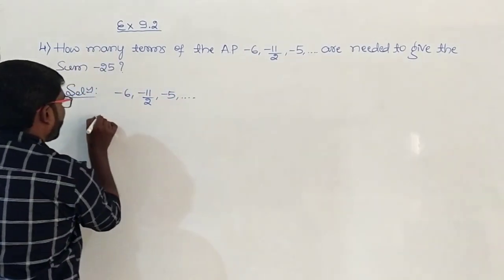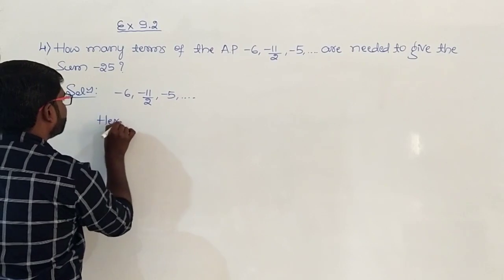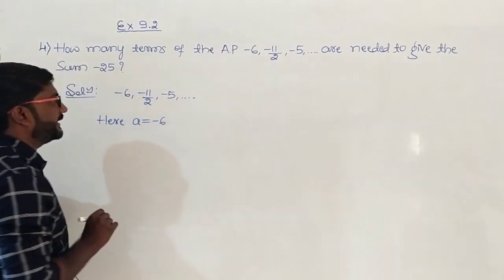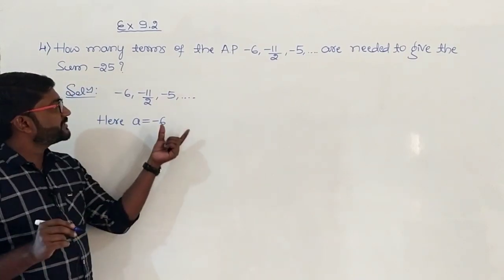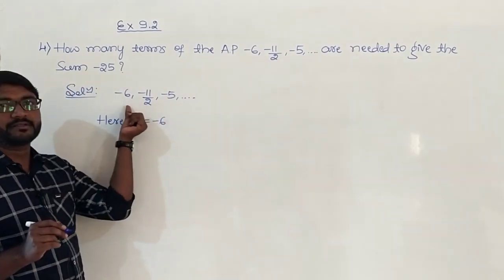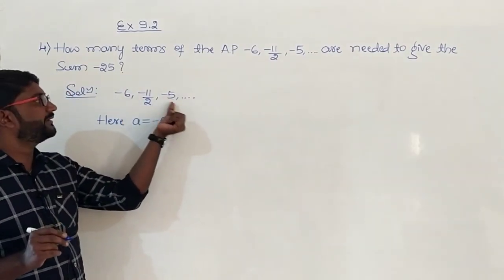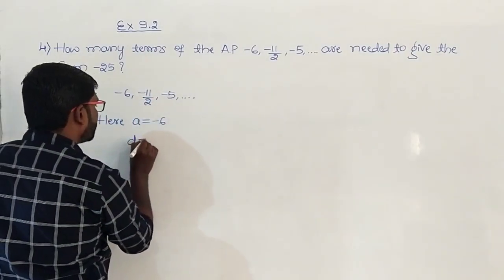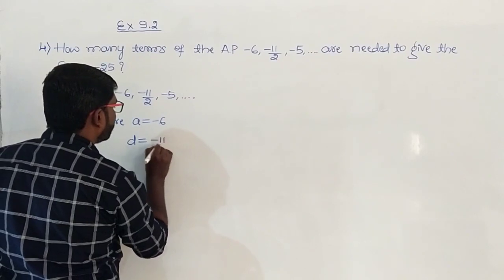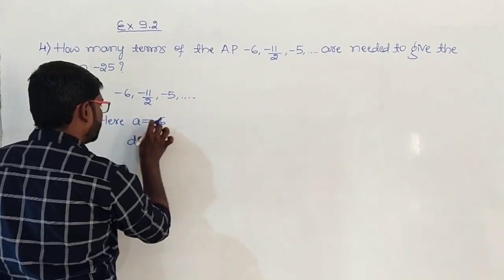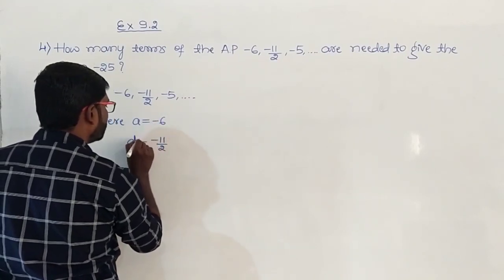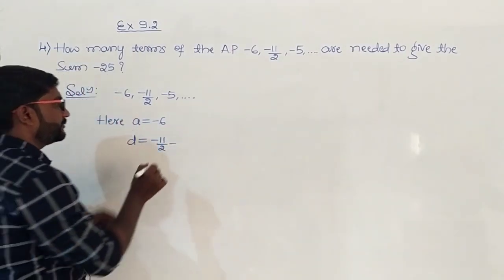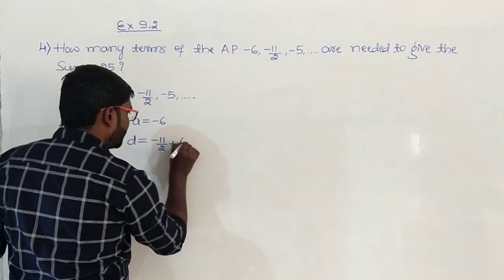Here a is equal to minus 6, and then the common difference d is going to be the second term minus the first term, or the third term minus the second term. So now d is equal to minus 11 by 2 minus a1, that is minus into minus becomes plus, we get 6.